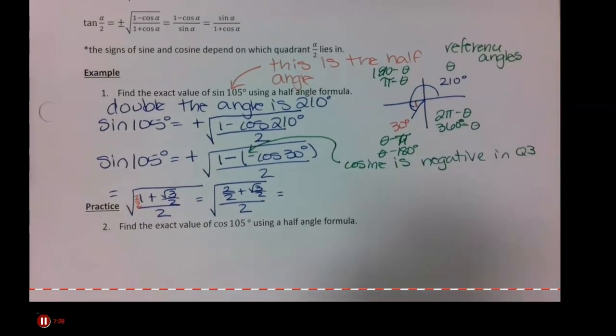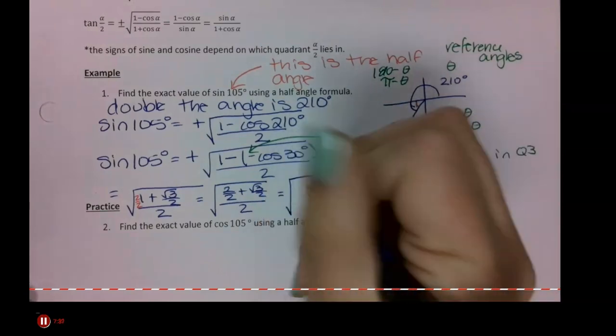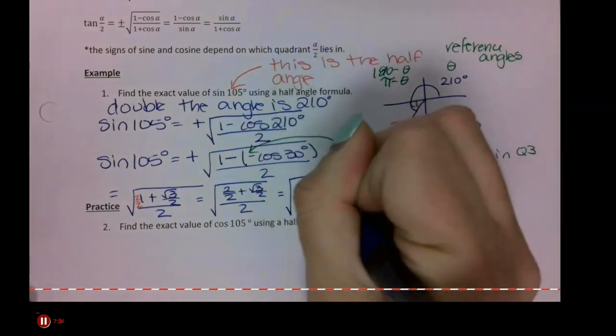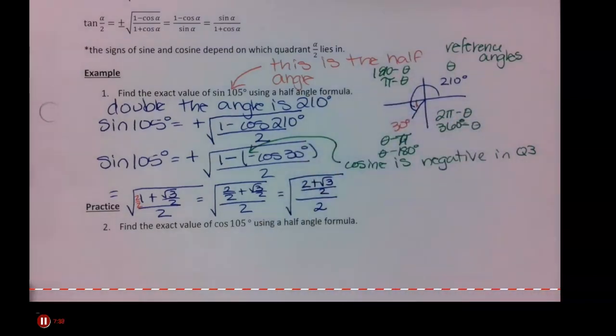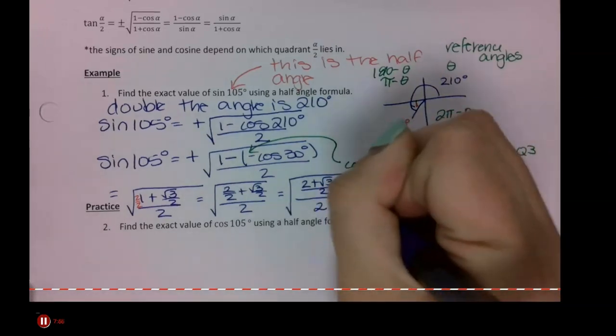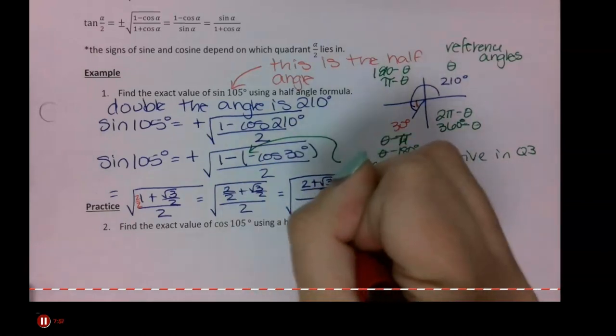Okay, then I can make that one giant fraction on the top. Since I have a fraction over a fraction, I'm going to multiply by the reciprocal of my denominator.